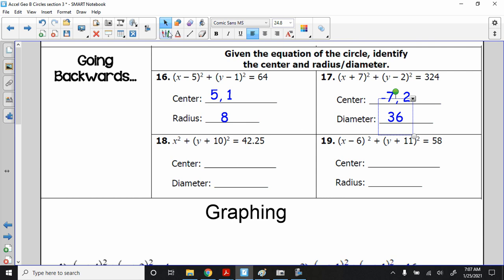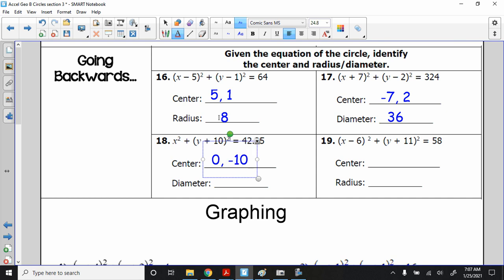Center here is 0 and -10. So x squared and (x plus 0) squared is the same thing.